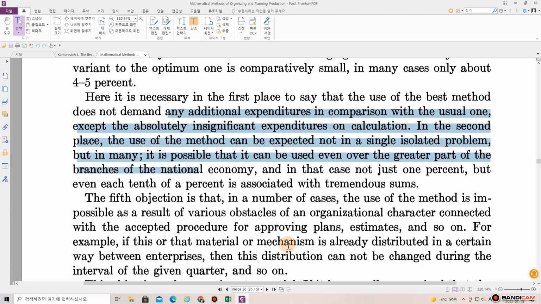In the second place, the use of the method can be expected not in a single isolated problem, but in many. It is possible that it can be used even over the greater part of the branches of the national economy, and in that case, not just 1%, but even each 1/10 of a percent is associated with tremendous sums.